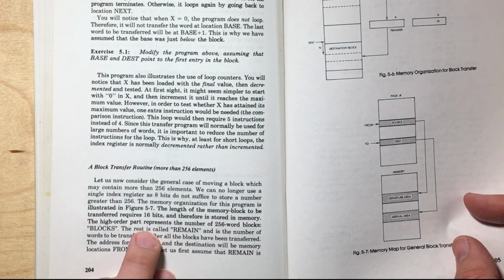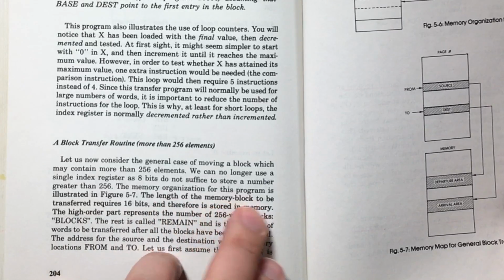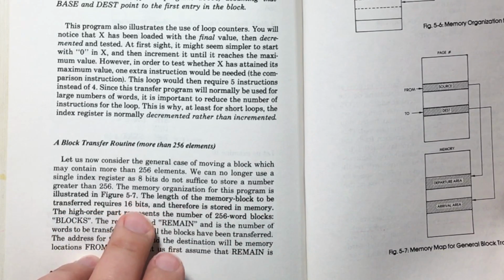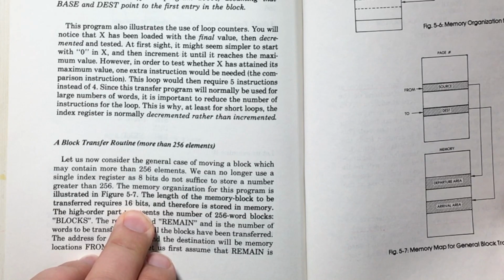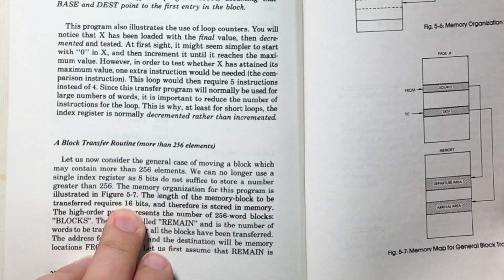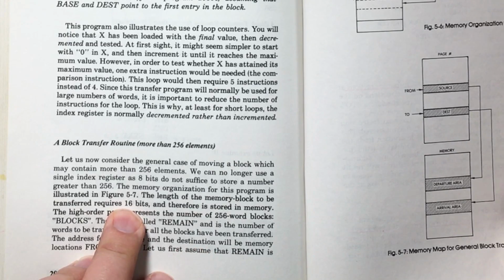Back here, it talks about how the length of the memory block to be transferred requires 16 bits. It's actually only 15 bits worth of transference, using the 16th bit as a flag to handle the remain.